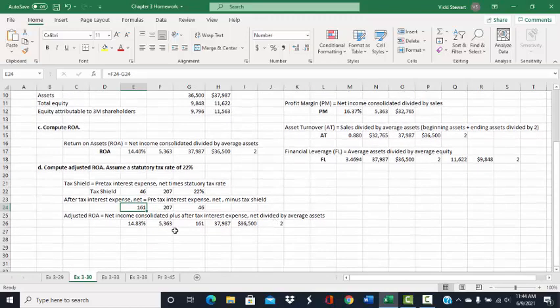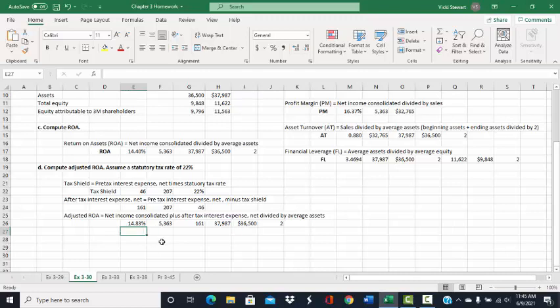Okay, now we're going to take that after-tax interest expense and we're going to add that back to our consolidated net income, because our consolidated net income is after interest expense and after tax. But we can add back our interest expense after our taxes to get an idea of how much we are actually generating in operating income, and then divide that by our average assets to get our adjusted return on assets.